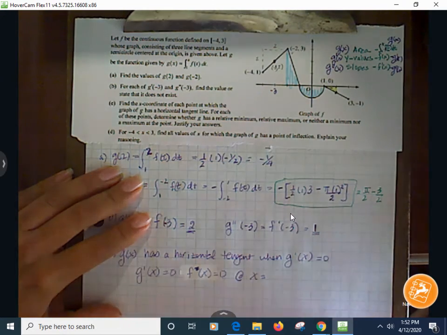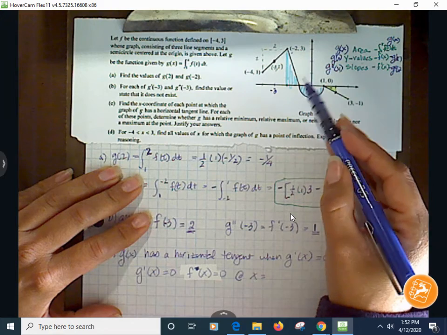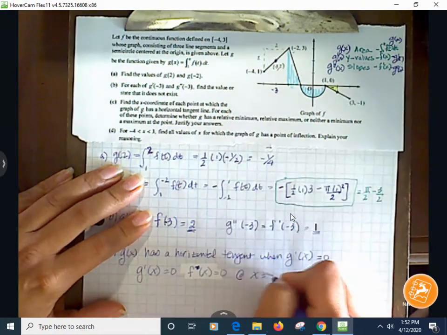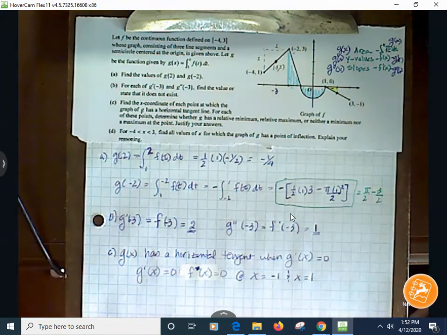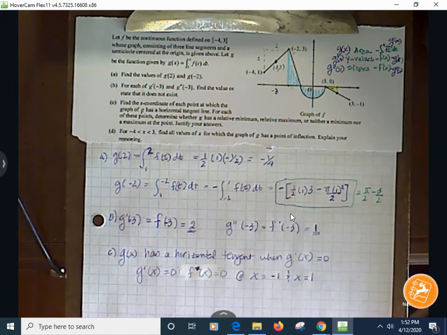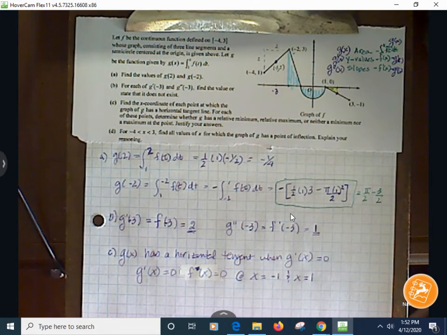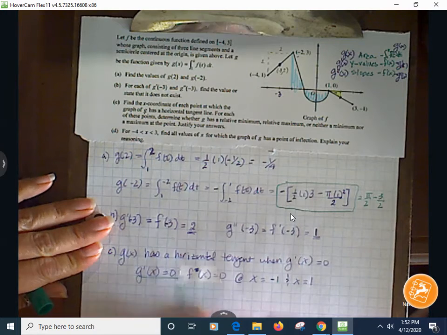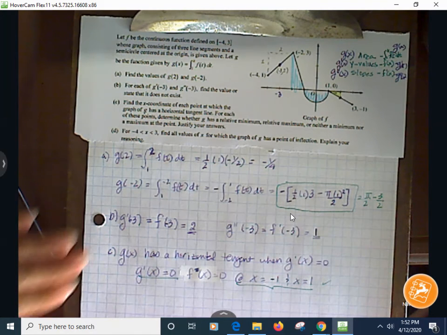So now I want to look at when f of x equals 0. That would be the y values. And so when are the y's 0? At x equal to negative 1 and x equal to 1. That's when it has a horizontal tangent. Okay, so you would get points for this and this. This is your justification.